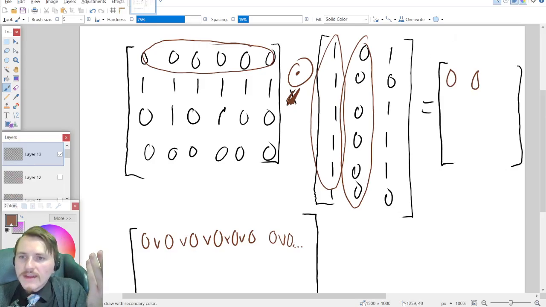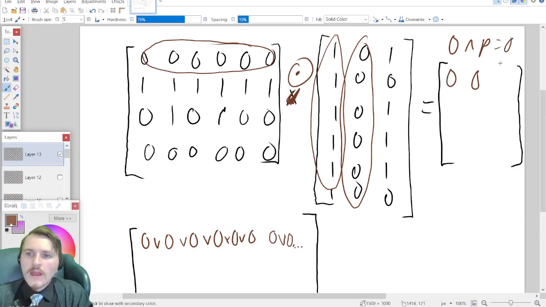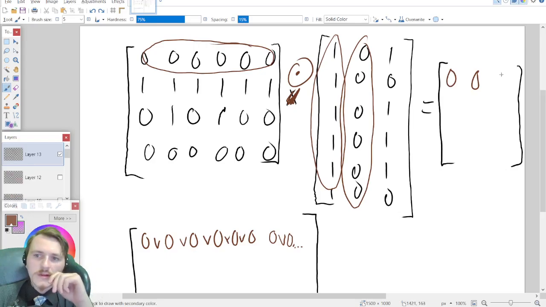No. We know by the domination law, 0 and P, whether that's 0 or 1, equals 0. We just showed that. And we also know that 0 or dot, dot, dot, or 0 is going to end up being 0. If none of it's true, it's going to be false. So this is all zeros.